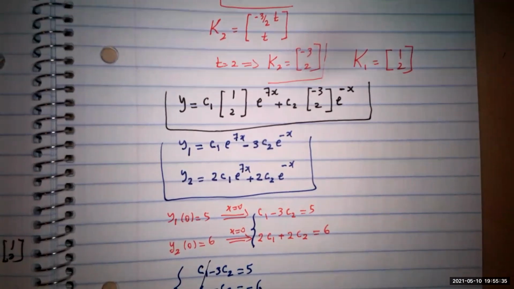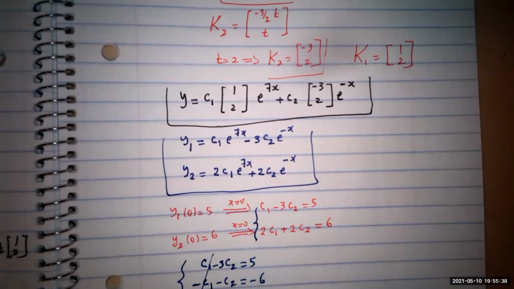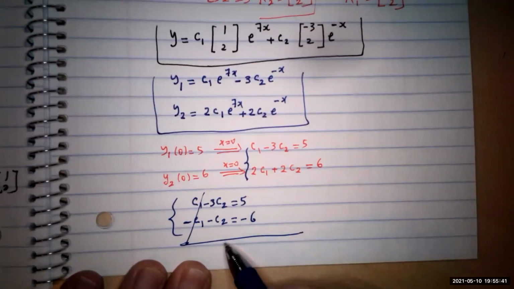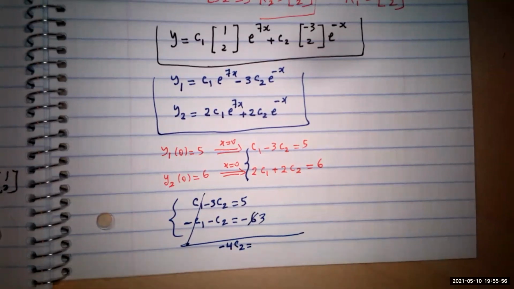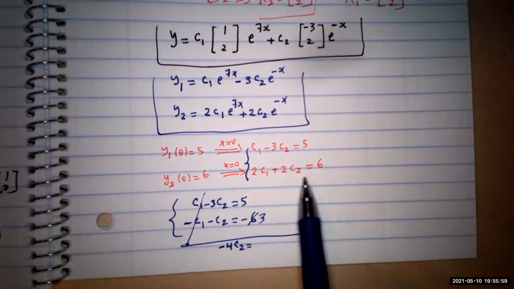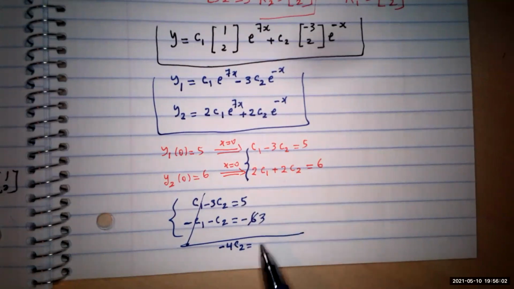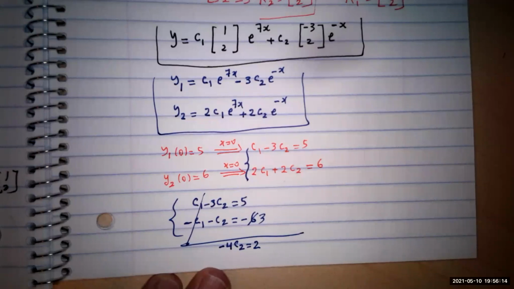If you add, c1 becomes 0, and this is going to be negative 4 c2 equal to 2. I divide by -4, so c2 must be -1/2.